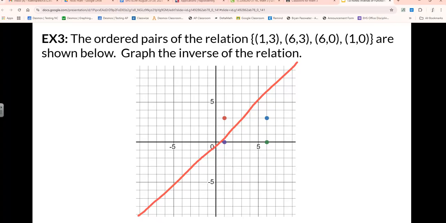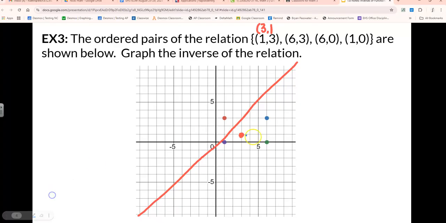What did we say happened with our points? They switched, right? So 1, 3 would become 3, 1. So I could graph this point here, 3, 1. That's this point here. The next point is 6, 3.